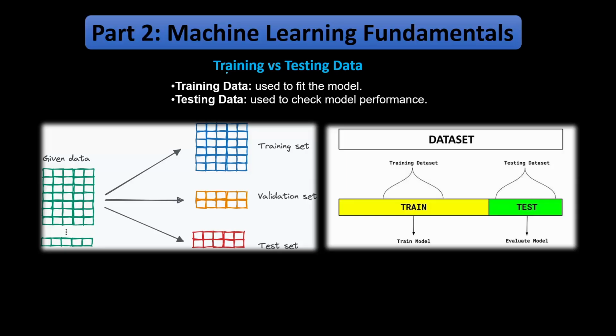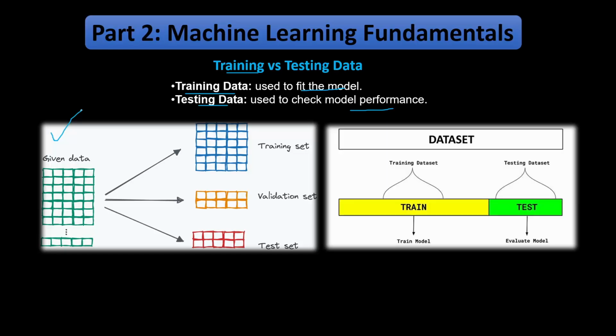This is known as train test split in machine learning. So basically we have training data that is used for fitting the model and testing data that is used to check the model's performance, that is, how good the model is for real world use cases.